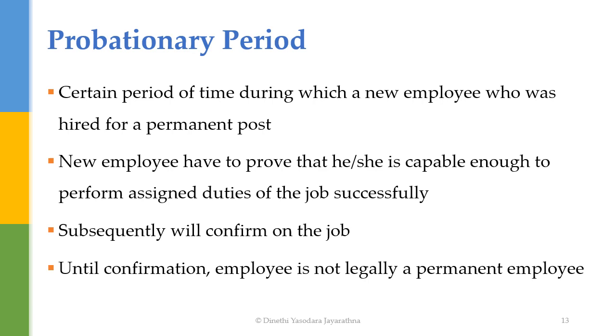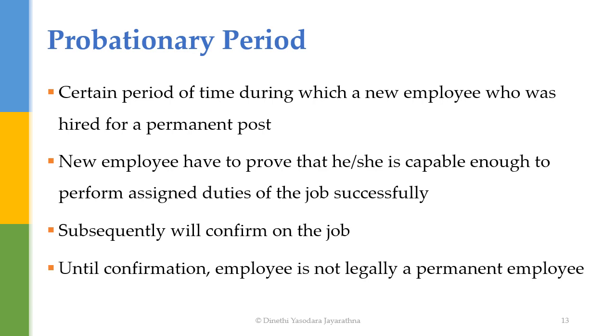If the company recruits you as a permanent employee, you must undergo a specified period, it might be 2 to 3 years, 6 months, or 1 year, as a probationary period. In this period, the new employee has to prove that he is capable enough to perform the assigned duties of the job successfully.